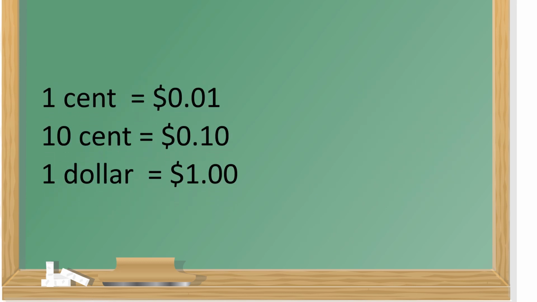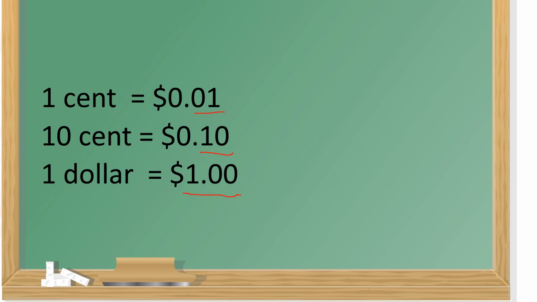So what we learnt is that 1 cent is represented as 0.01, 10 cents is represented as 0.10, and $1 is represented as 1.00. You see that in all the three numbers, what changes is the position of 1.